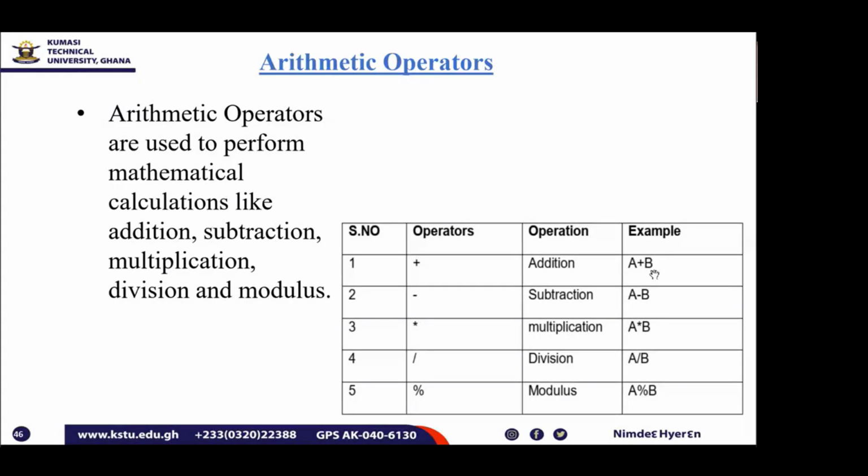And if we are to perform addition on two variables or on two operands, A and B, we'll be having A plus B. For the subtraction operation, we have the minus sign. So in this case, its example will be A minus B.